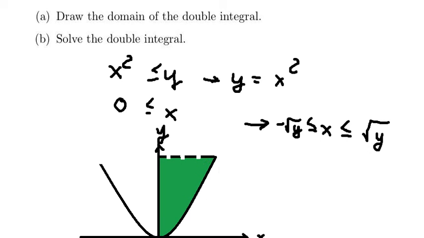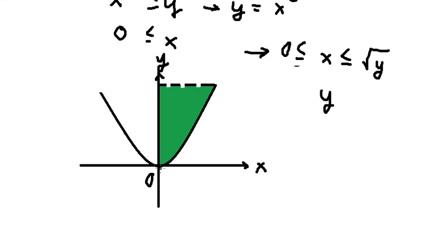However, x is greater than or equal to 0, so based on the domain, let's select the positive only. So we just focus on this part, and we know x is greater than or equal to 0 because of this. For y, based on the graph, we can see that y starts at 0 and goes to infinity.